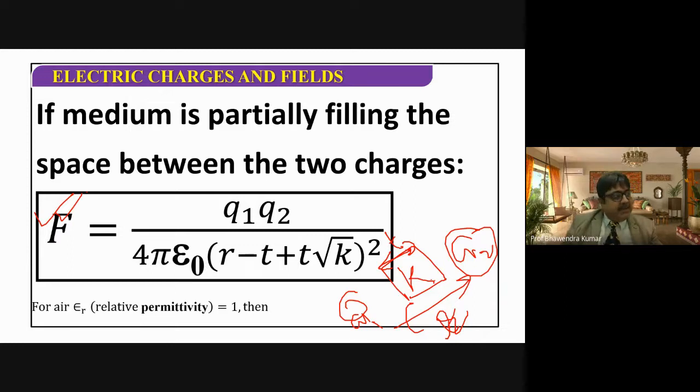Do you understand the difference? This is the partial filling of the space. Earlier it was completely occupied.